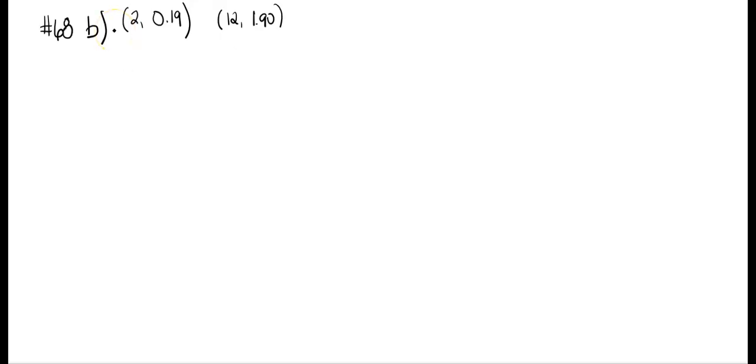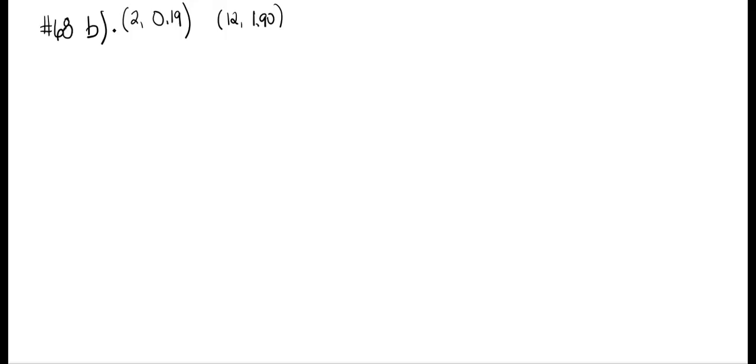The problem says find the equation of a line between these 2 points. This works the same way you've been doing all the other problems before. I could use 1992 and 2002 instead of 2 and 12, and I would get the same slope and the same equation of the line. But in this case, because it's easier to use smaller numbers, let's just use the smaller numbers.